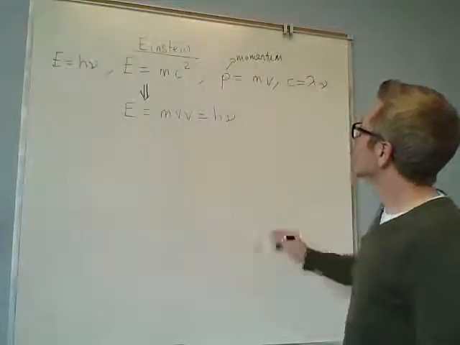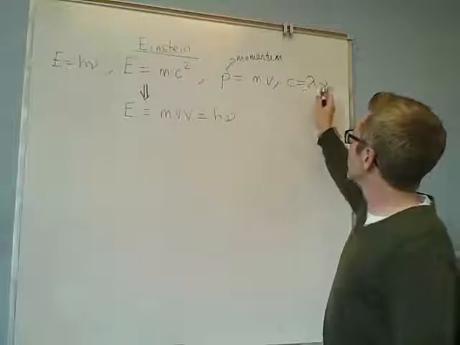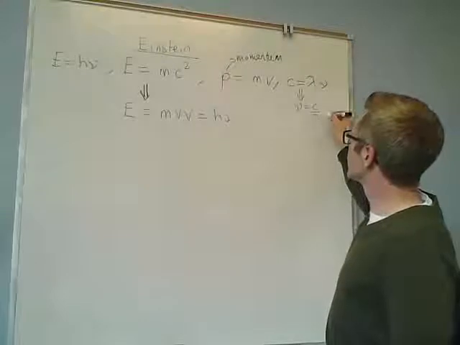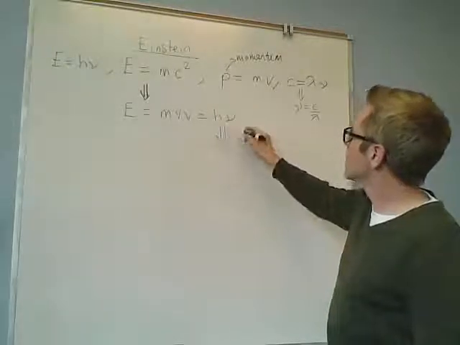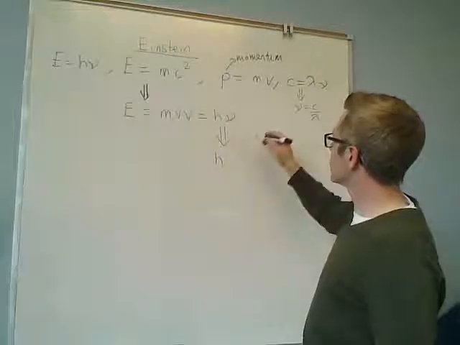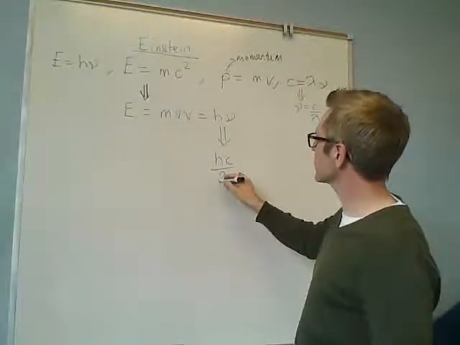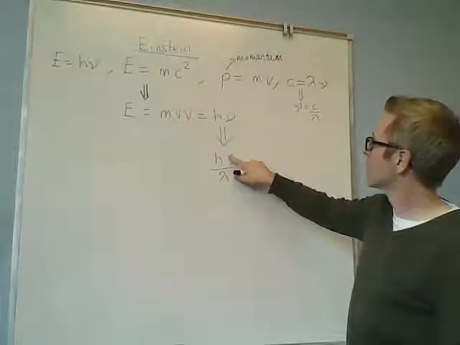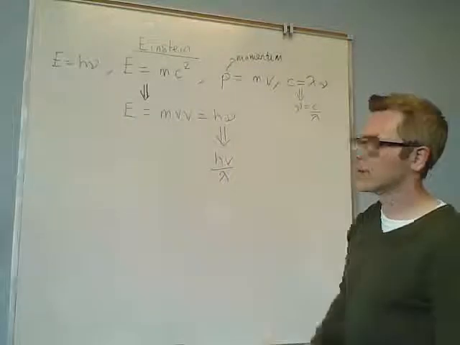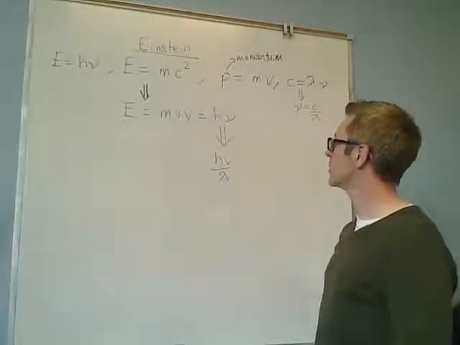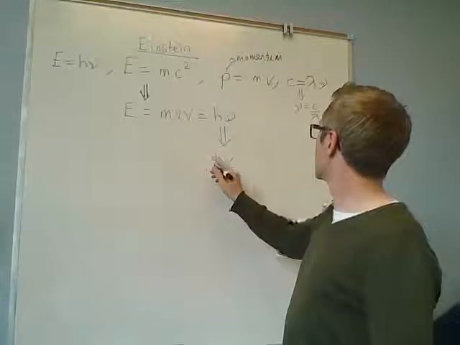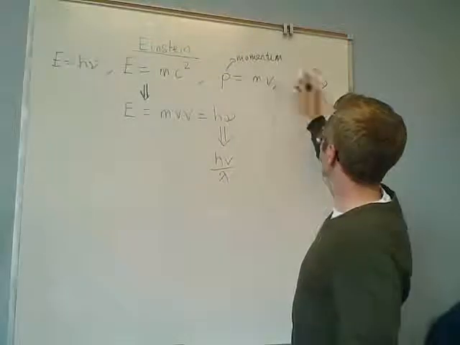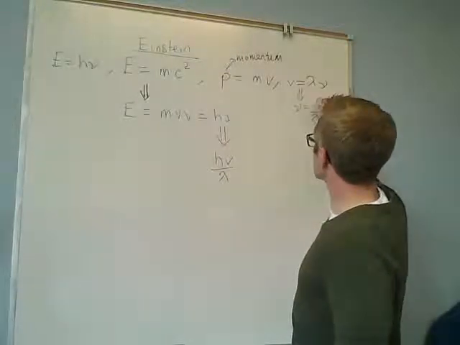Now let's replace nu with this. Remember, we know that nu is c over lambda. So this is h nu, where nu is c over lambda. I think we agreed we're going to call c v. c is just a special type of velocity, so let's call it v. Let's go ahead and change that to v here, to save confusion later.